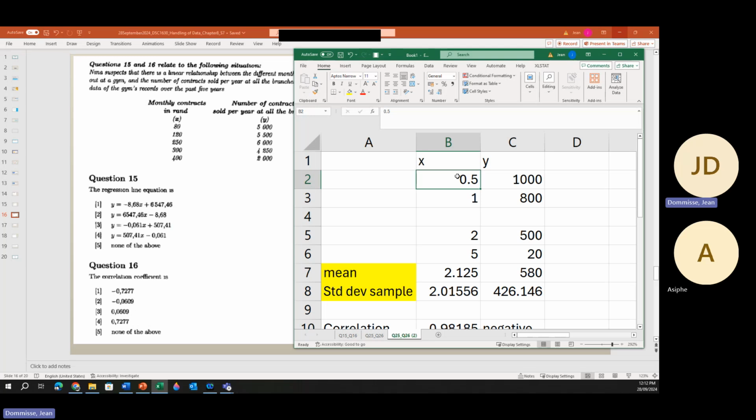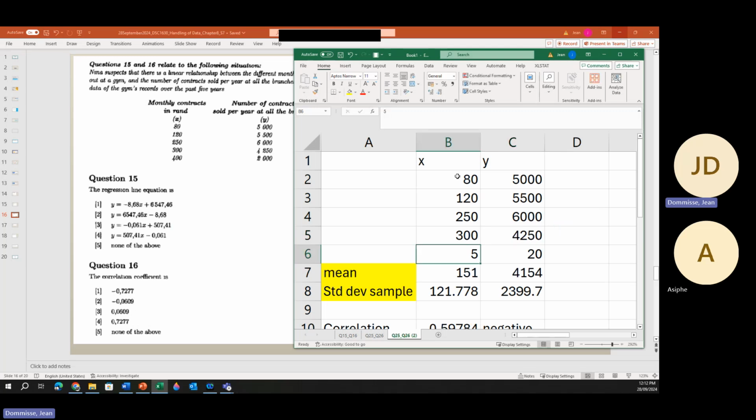So when we look at X, it's 80. Y is 5,000. X is 120. Y is 5,500. X is 250. Y is 6,000. X is 300. Y is 4,250.